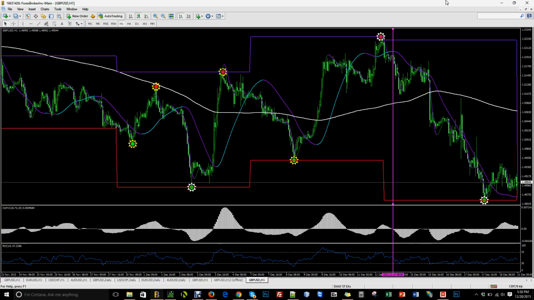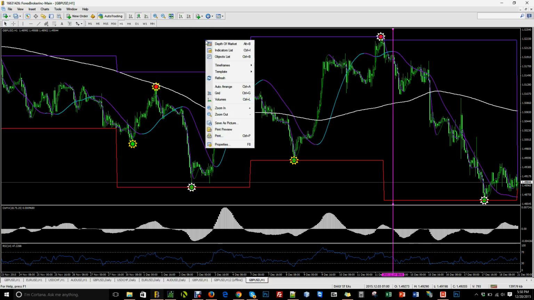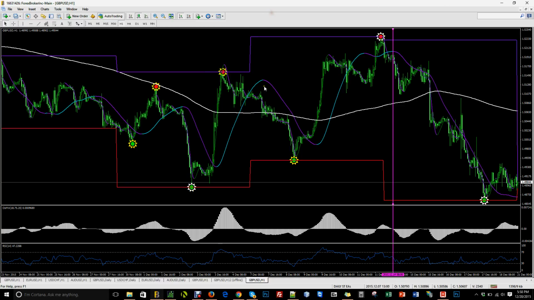You can set your expert advisor, because we have an expert advisor with this, so that it trades, and I have my settings up on the expert advisor page for the Poppin Picasso. I like to set it so that it's based on the Hall moving average, the long one, the 100, and the oscillator.